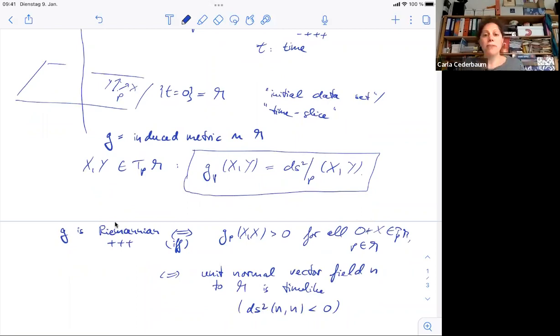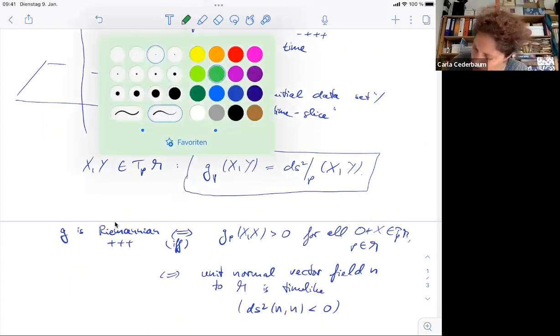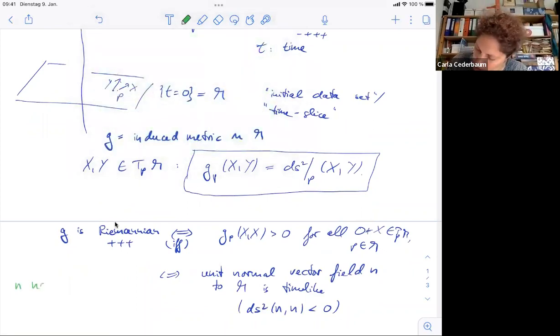And by normal vector, I of course mean that ds squared of N, X is 0 for all X tangent. So I can draw my little normal vector in here.